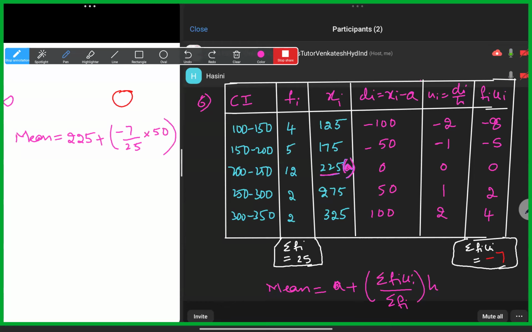Yes, that is correct. So 25 twos are 50, so we are getting 225 plus minus 7 into 2 is minus 14. So 225 plus of minus is minus, Hasni. So 225 minus 14 is 211.